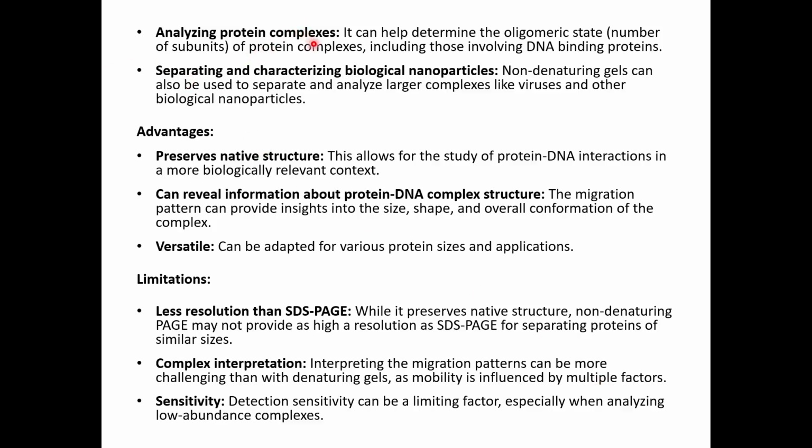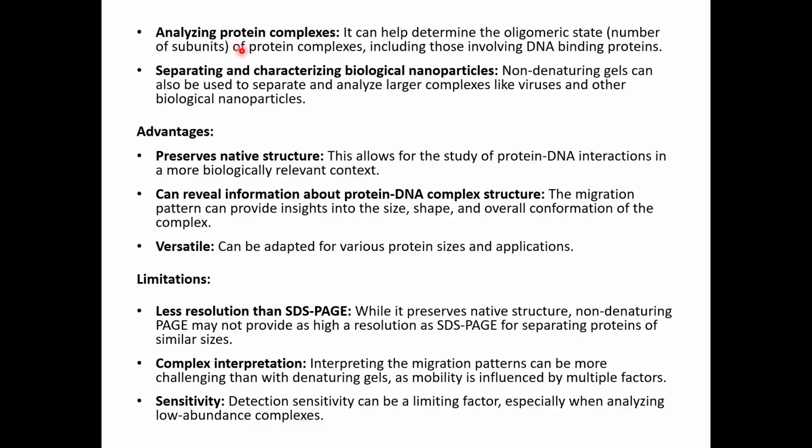Then analyzing protein complexes. It helps us to determine the oligomeric state or oligomeric nature of the protein as well. So when you're trying to see whether a protein exists in monomeric or multimeric form, then you need to run a native gel. If you have a denaturing gel, everything will be in a monomeric single line.